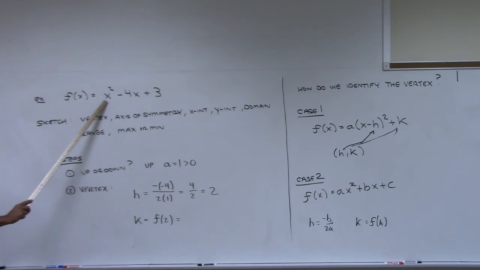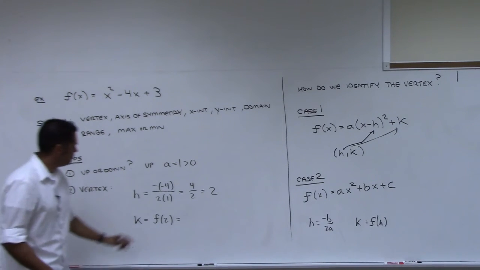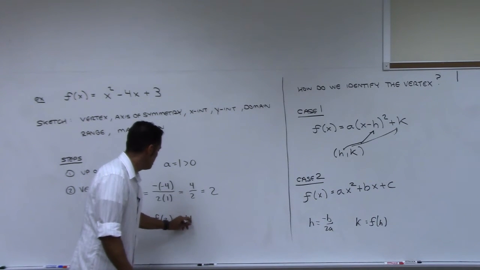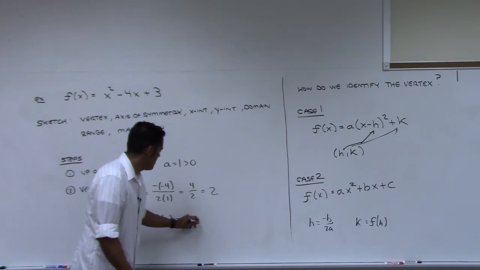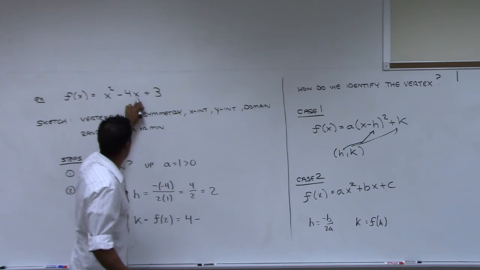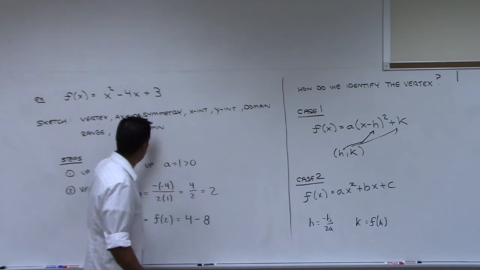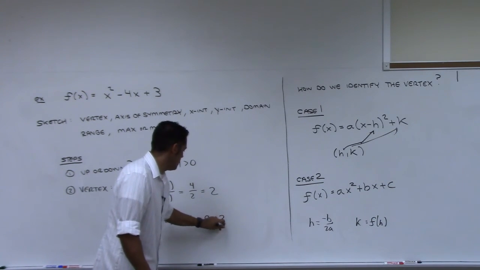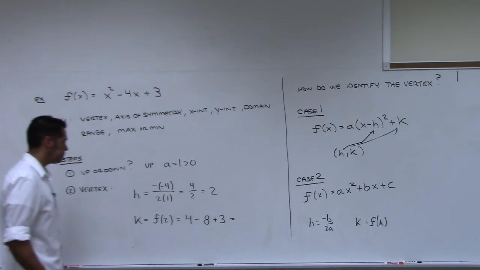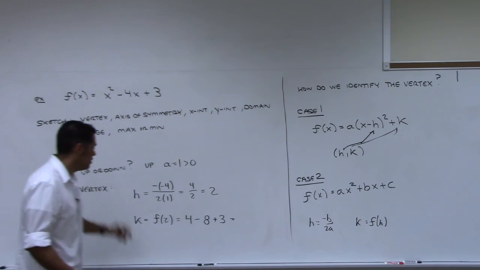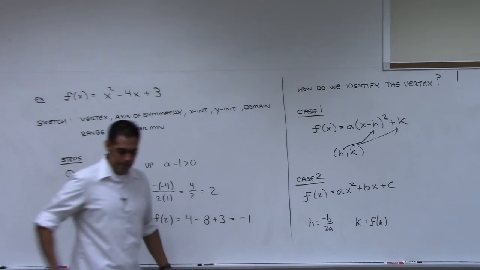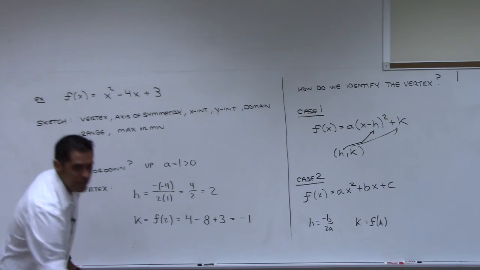We get 2 squared, so that's 4, minus 4 times 2, so minus 8, and then plus 3. And what is that? -1. Okay. So we've got 2 numbers, h and k there, right?